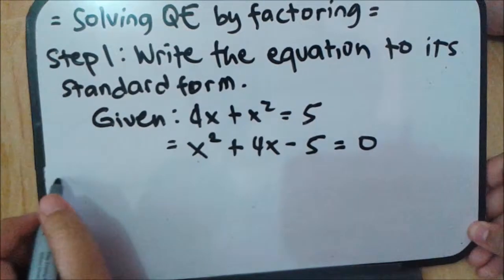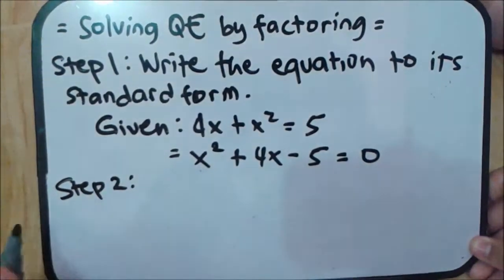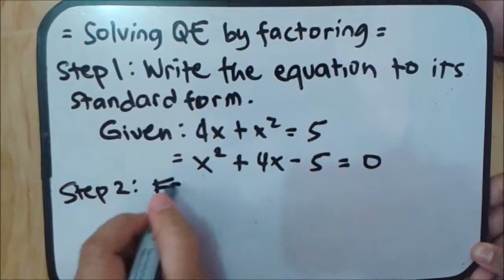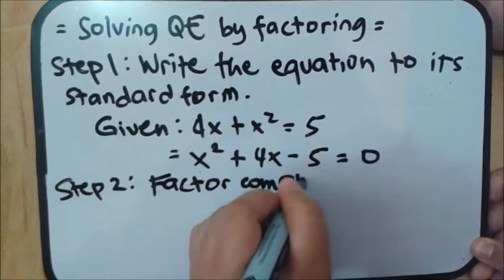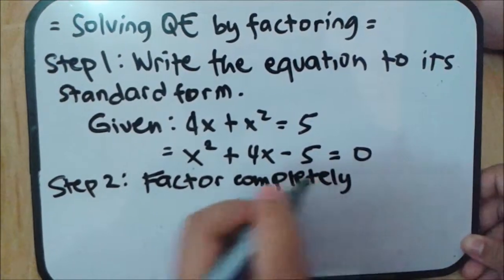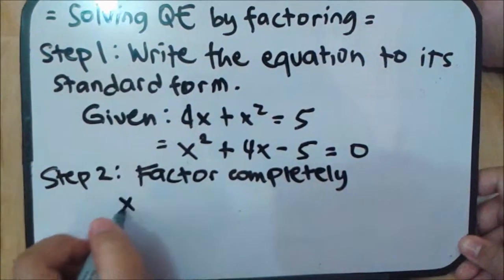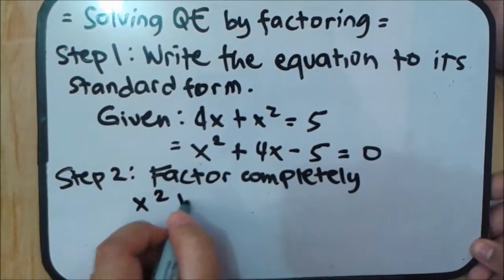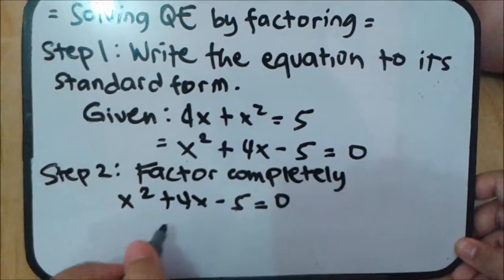Proceed to step number 2: factor completely. In step 1, here's the standard form, x squared plus 4x minus 5 equals 0.